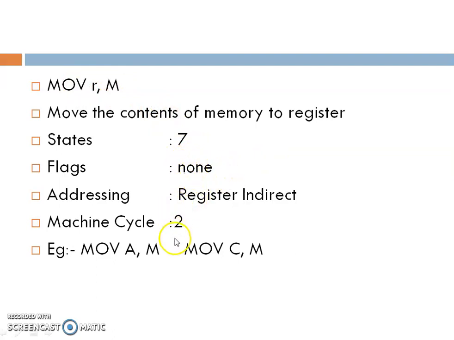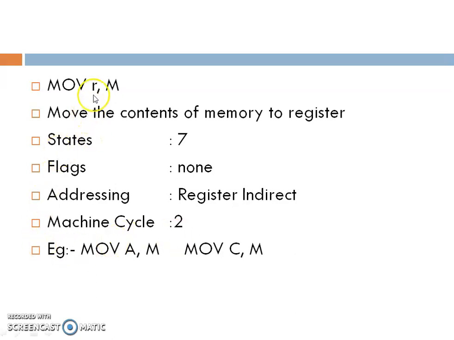The number of machine cycles for this instruction is 2. First one, as you know, is opcode fetch, and the second one is memory read. The contents of the specified memory location are to be read and then placed in the register. Therefore, opcode fetch and memory read are the two machine cycles.